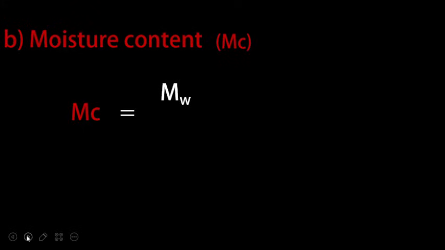Next, let's calculate the moisture content. Moisture content can be defined as a quantity of water contained in a soil expressed in percentage. Mathematically, it is given as Mw over Ms, where Mw stands for the mass of water and Ms stands for the mass of the dry sample.